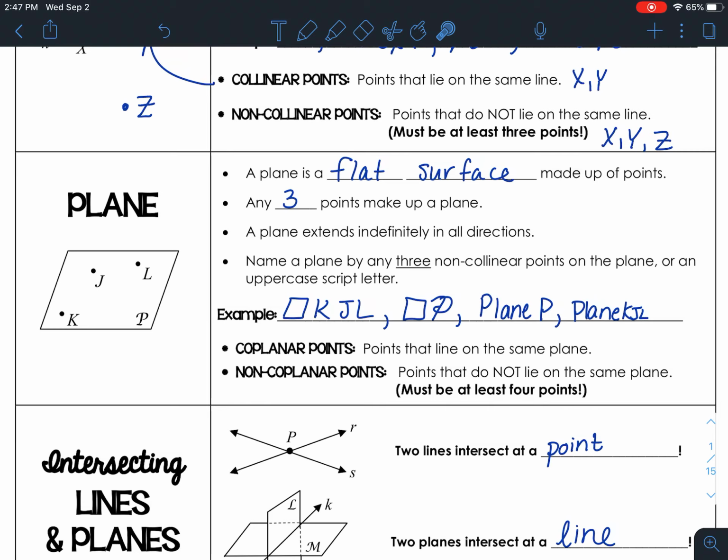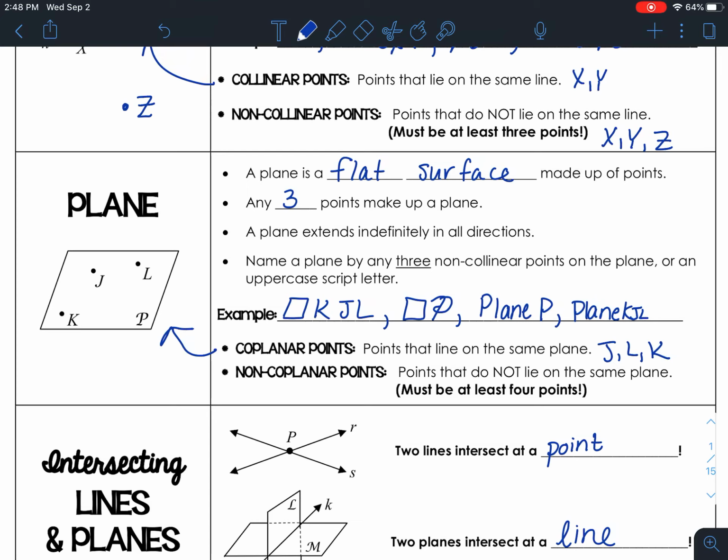Now, just how we talked about with lines, collinear and non-collinear, we can do the same thing with planes. We call them coplanar and non-coplanar points. So, if we look at our diagram here, coplanar points are points that lie on the same plane. So, J, L, and K are all coplanar points.